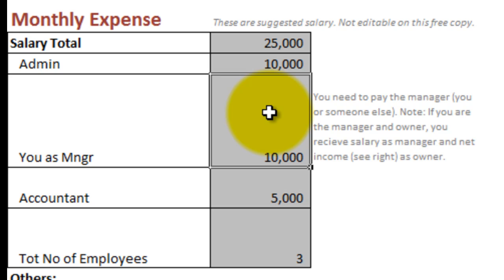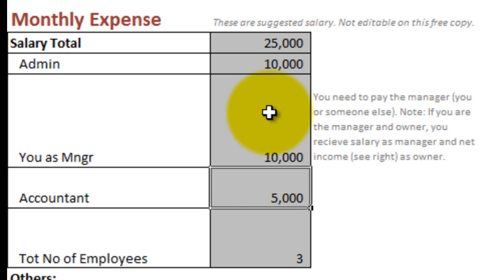If you have a business partner who just gave you cash as his share, and he doesn't do anything, and you do all the dirty work, then you need to pay yourself a salary as the manager. This is separate from the share that you will be getting as an owner of the business.